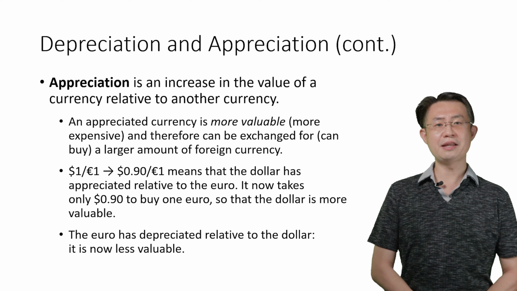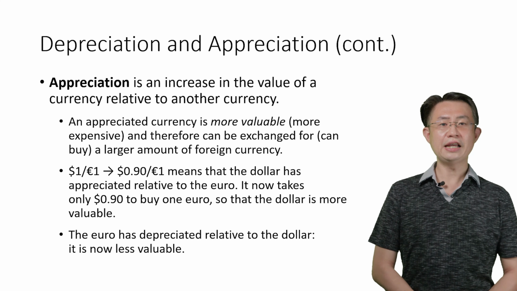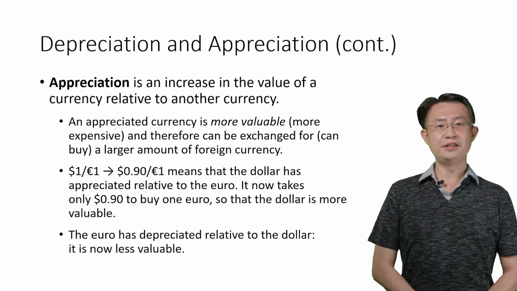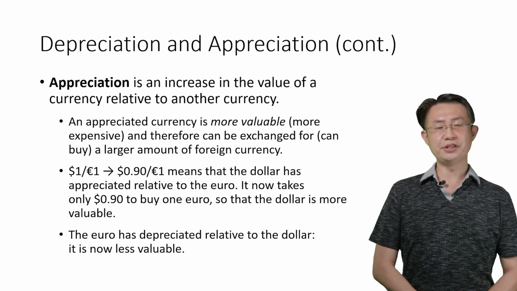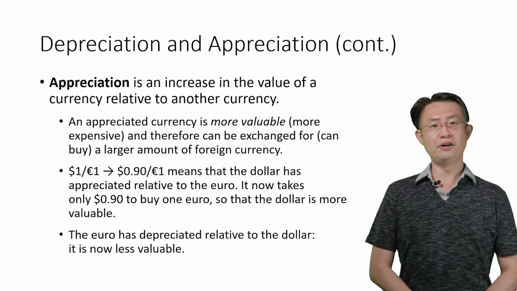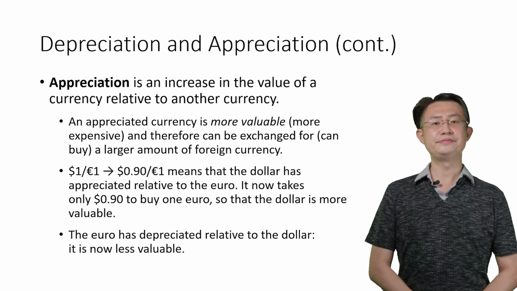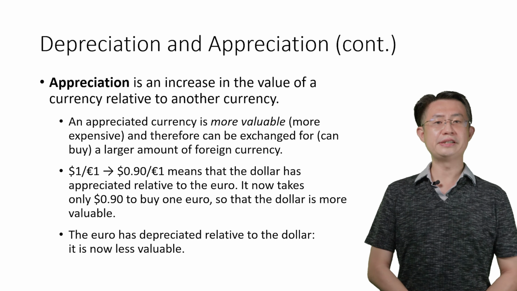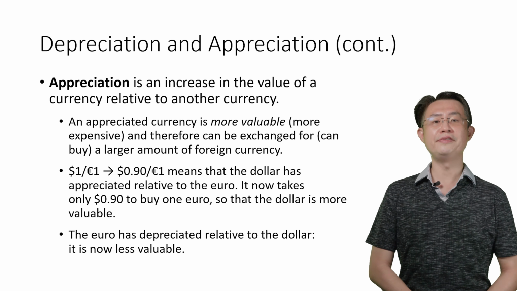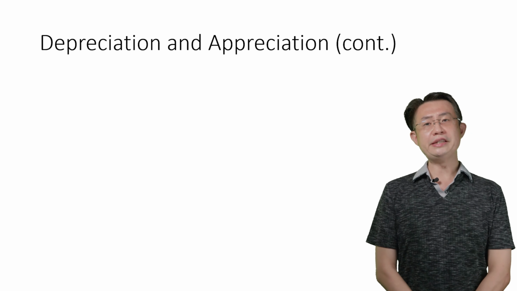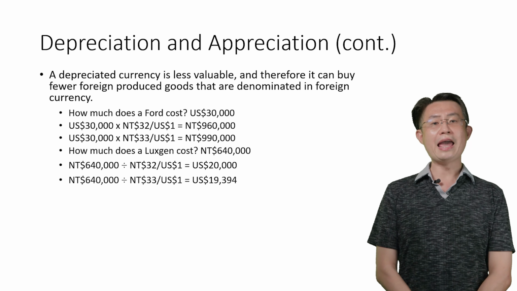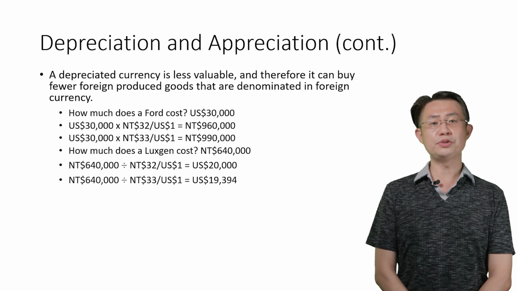So in this example, as the exchange rate falls, the dollar faces appreciation. At the same time, the euro faces depreciation because the euro has depreciated relative to the dollar. It is now less valuable.